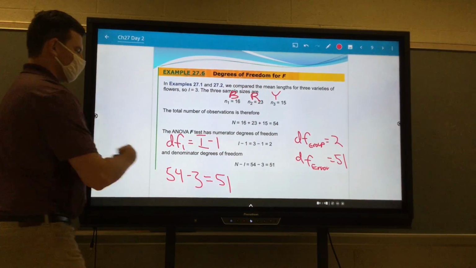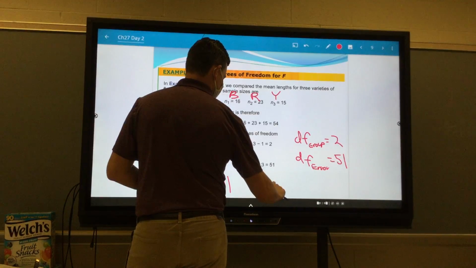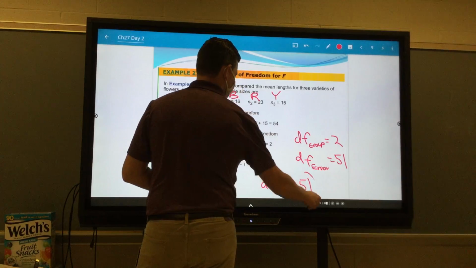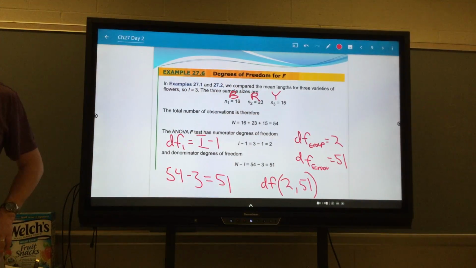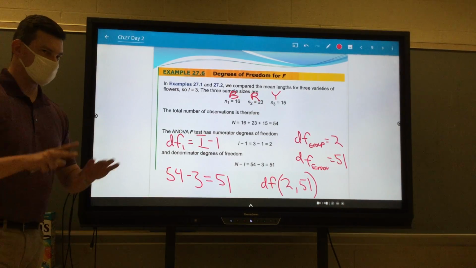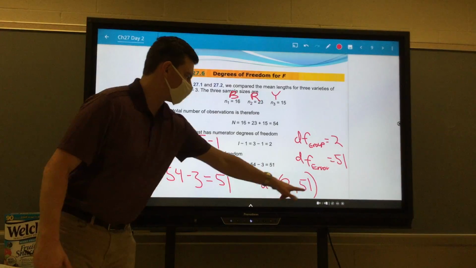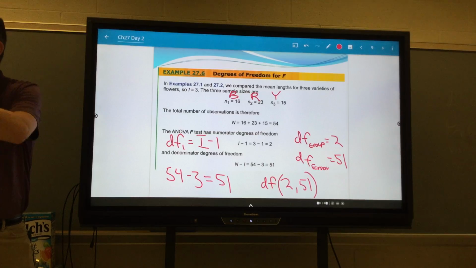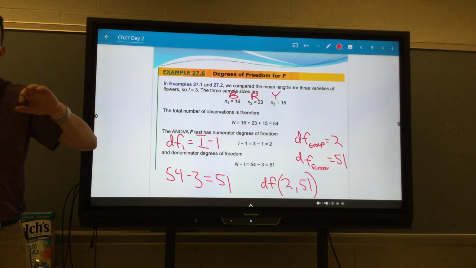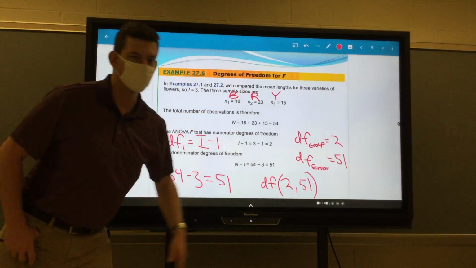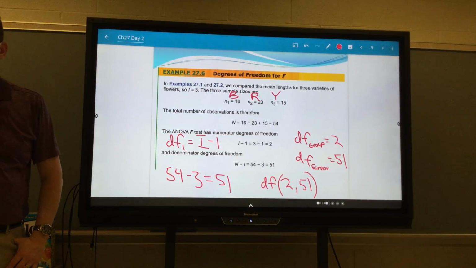So typically this is presented two ways. It'll be like degrees of freedom 2 comma 51. First is the numerator, second is the denominator. If you add these two together, it will be your n minus 1 degrees of freedom. So 54 minus 1, 53. There's that sum right there.